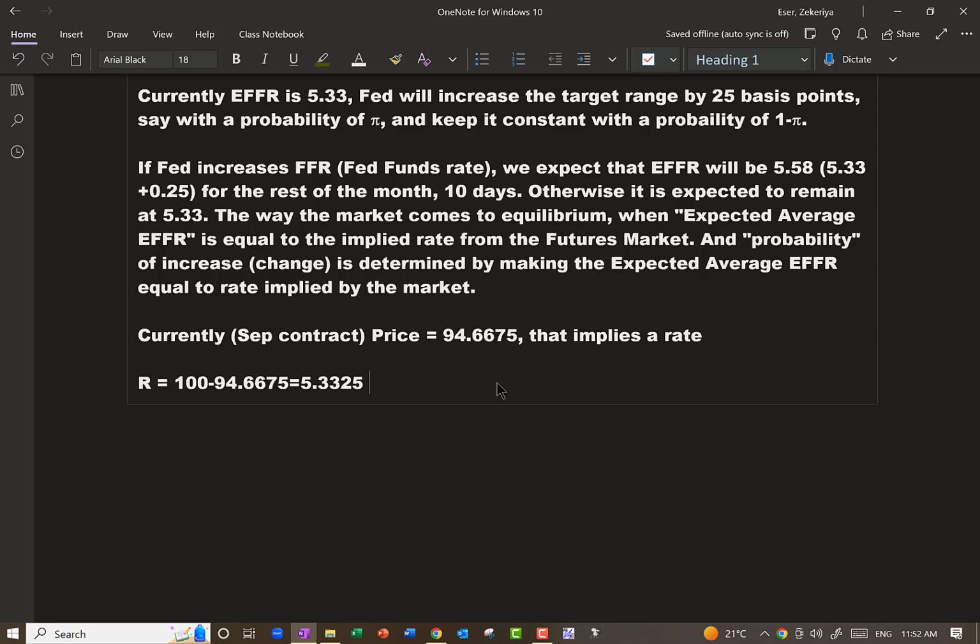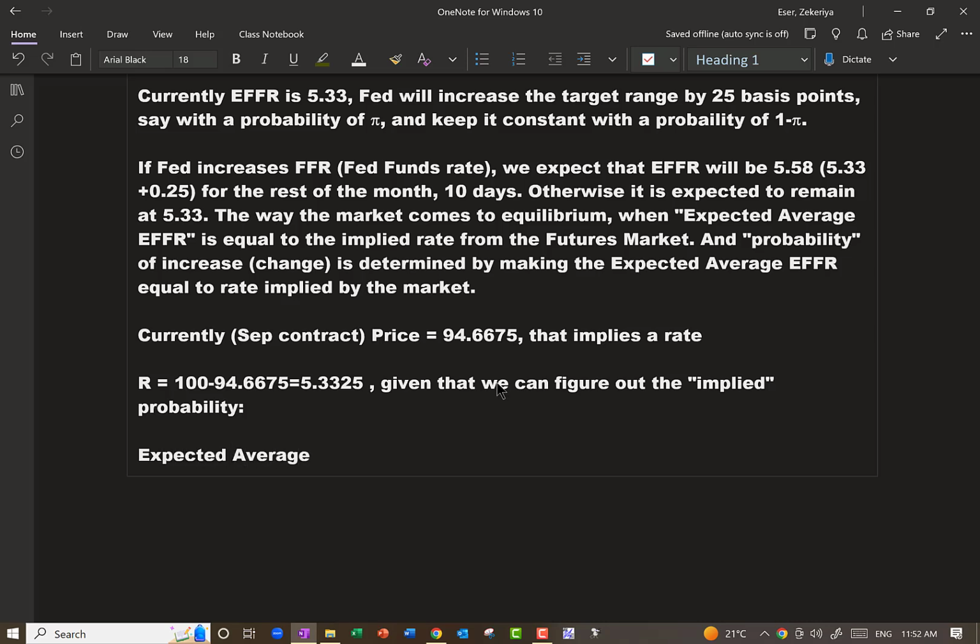So given that, we can figure out the implied probability. Now, expected average EFFR equals P times 558. Oh, I'm sorry.